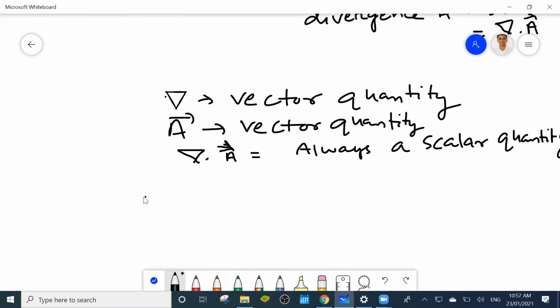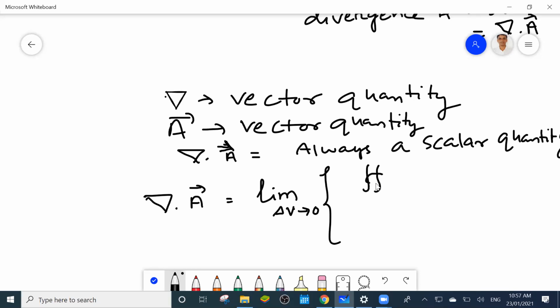You can write del dot A equal to the limit del V tends to 0 of the surface integral of A dot ds by del V. Surface integral means two dimensional, so you give two integration signs and a circular notation for a closed loop.